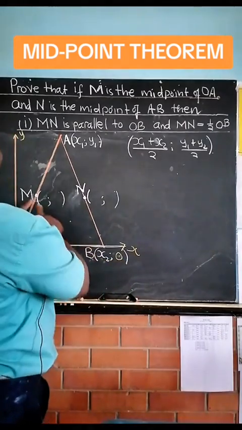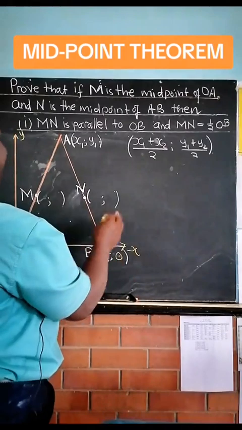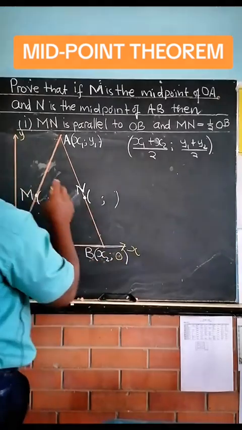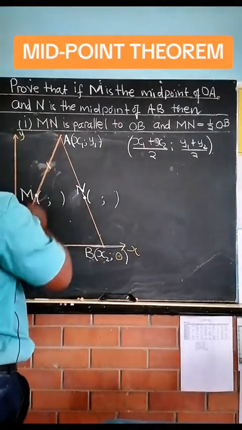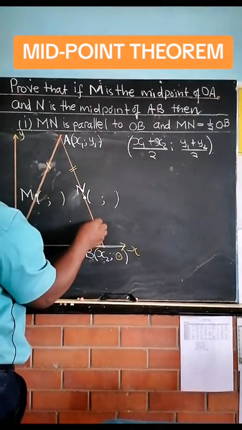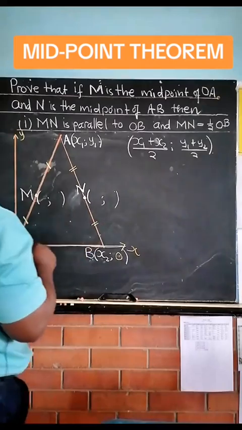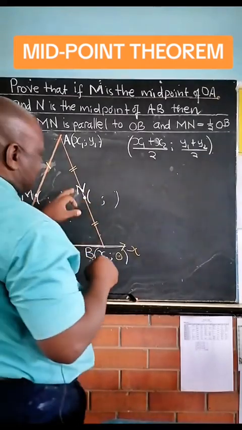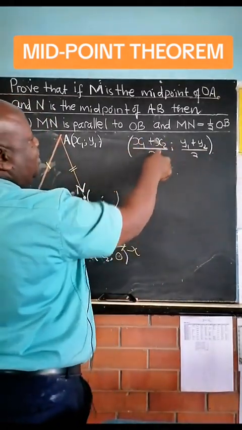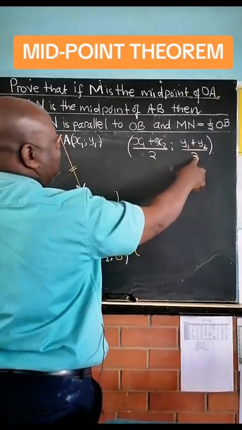Now, the coordinates of M and N, I'm going to find them from the points O, A and B. Bearing in mind that AM is equal to OM and AN is equal to NB, I can find the midpoint N using this formula, x1 plus x2 over 2, y1 plus y2 over 2.